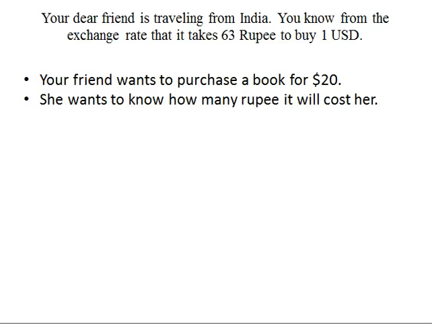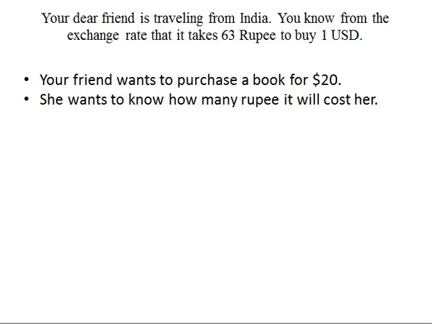The next thing we're going to look at is what happens if I'm traveling, or if someone I know is traveling. How do we convert currency into the value for goods or services in another country? In this situation, let's say we have a friend from India who is visiting us. And we know from our exchange rate that it takes 63 rupee to buy $1.